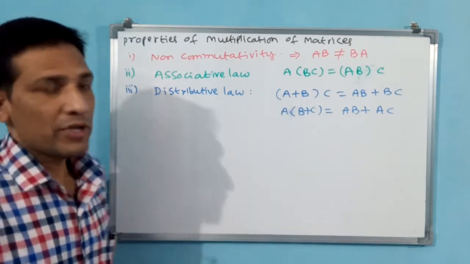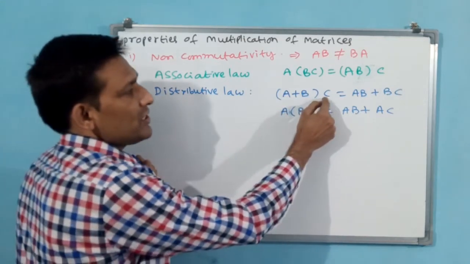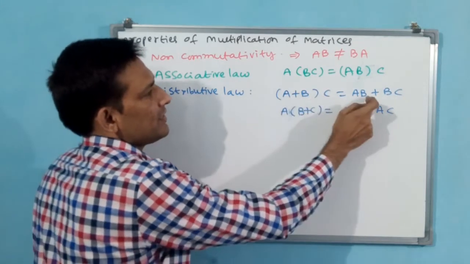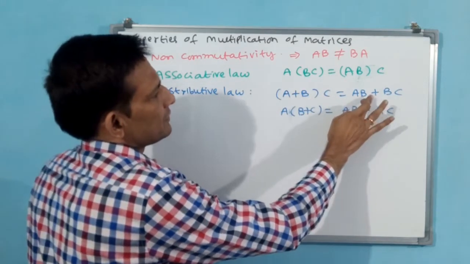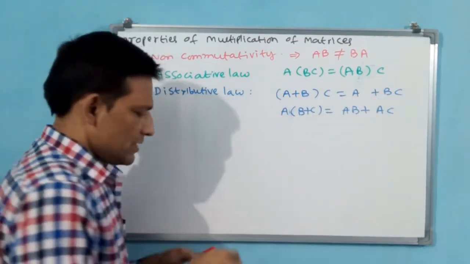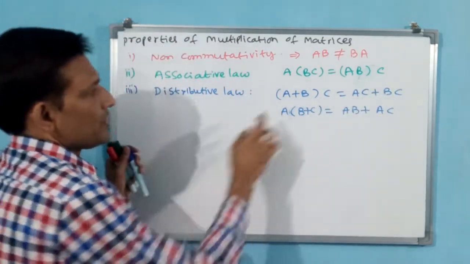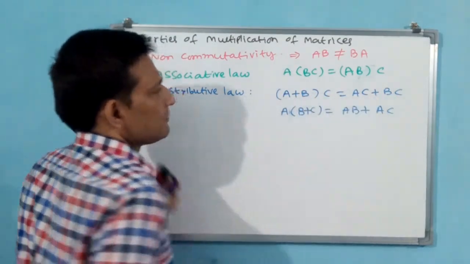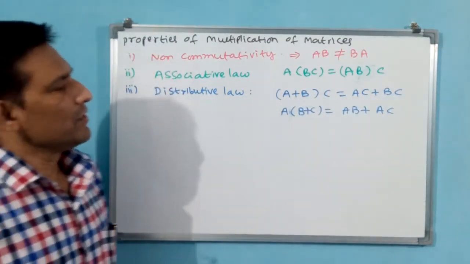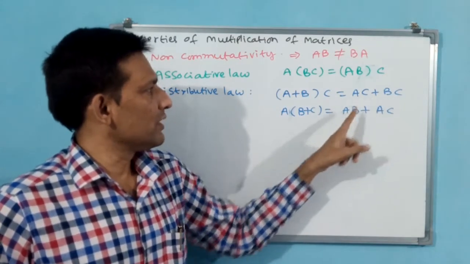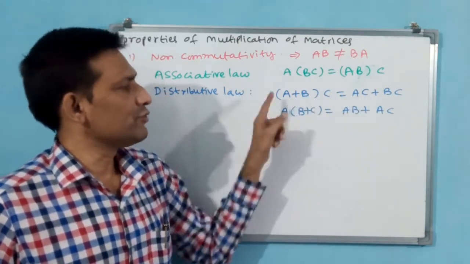Here also, C is distributing on A and B: AC plus BC. Here A is distributing, here C is distributing.